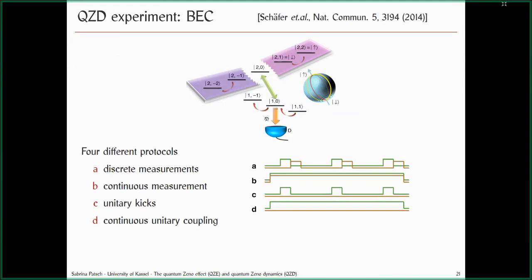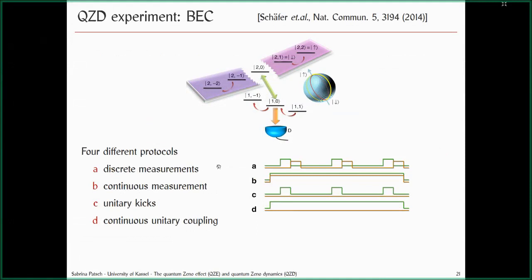So we have 2 different possibilities. We have the unitary driving, which is the green arrow, and we have a dissipative measurement, which is the orange arrow. And by these 2 pulses, we can generate the 4 different protocols. The first one was the discrete measurement.